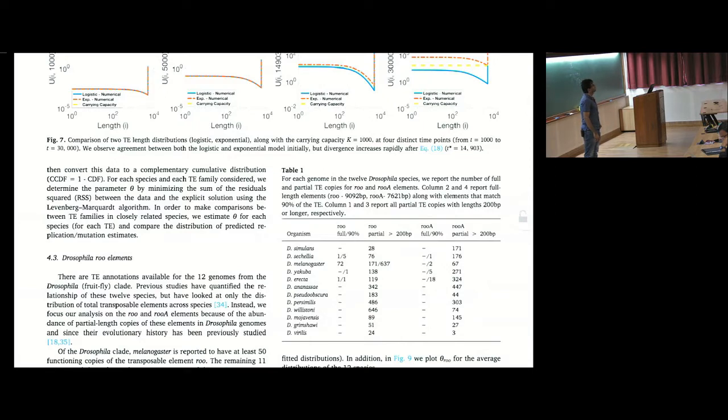So if you really want to compare such an event, the best thing to do is an experimental evolution type of experiment. You just take one species in the lab for many generations and then do sequencing and see what kind of changes you're seeing.